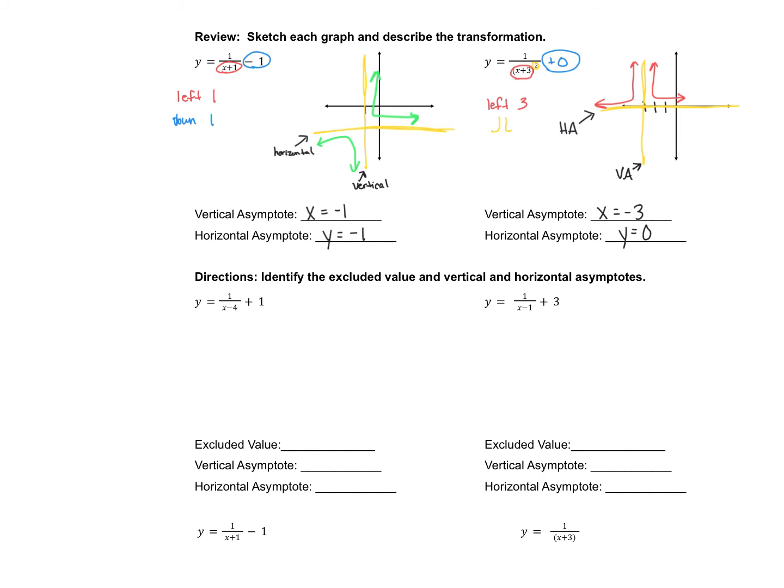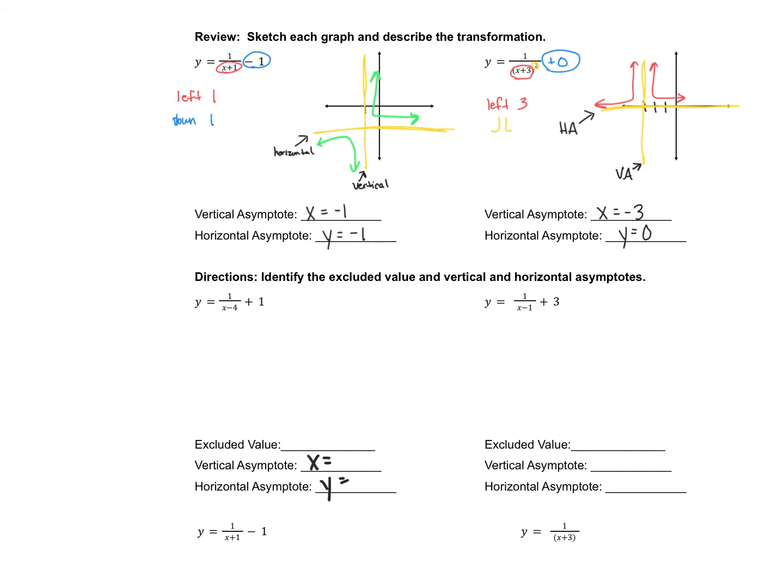So notice up above we had our vertical asymptote, which was x equals, and my horizontal was y. So I'm going to go ahead in my line, vertical, I'm going to put x equals, and horizontal, I'm going to put y equals. Now the really cool thing about this is that it goes with wherever the equation is.